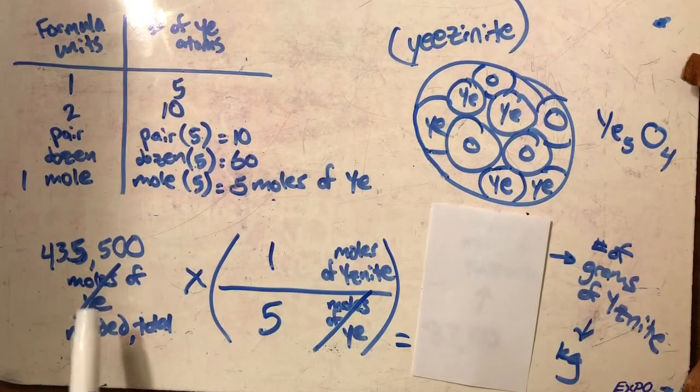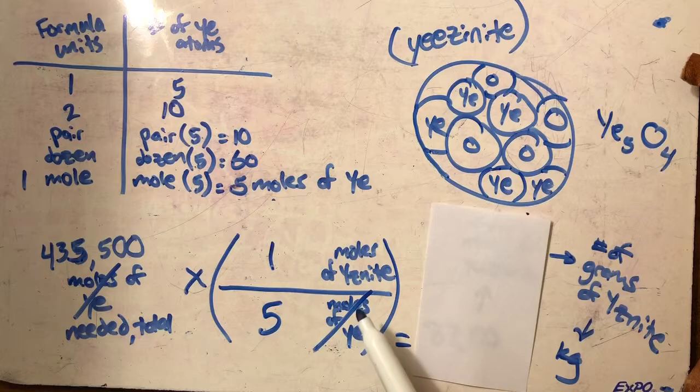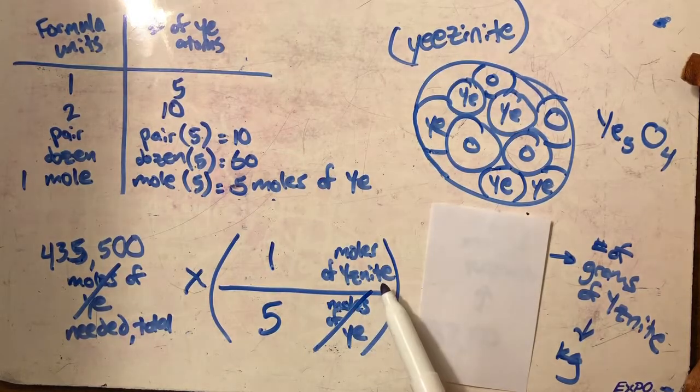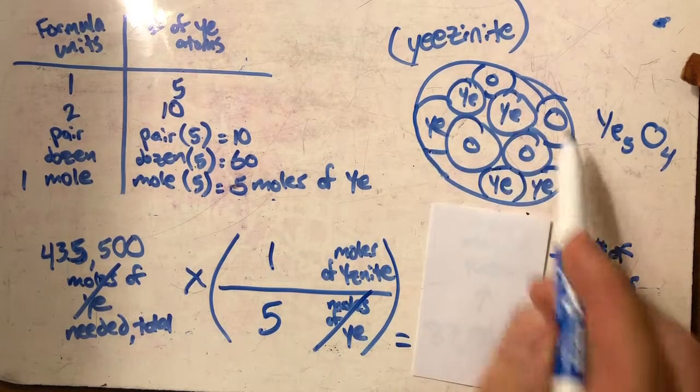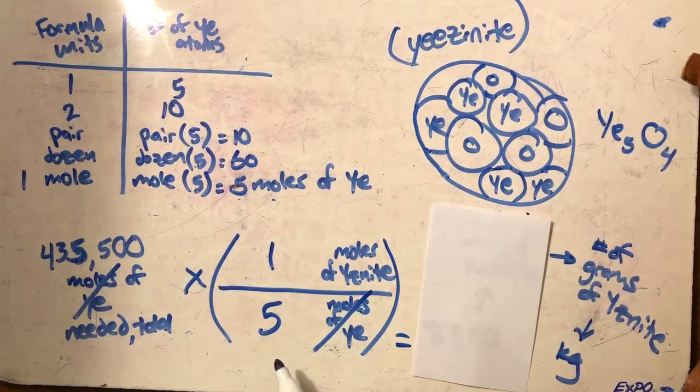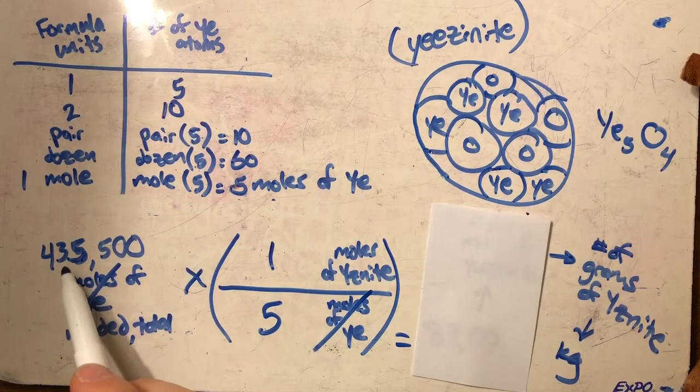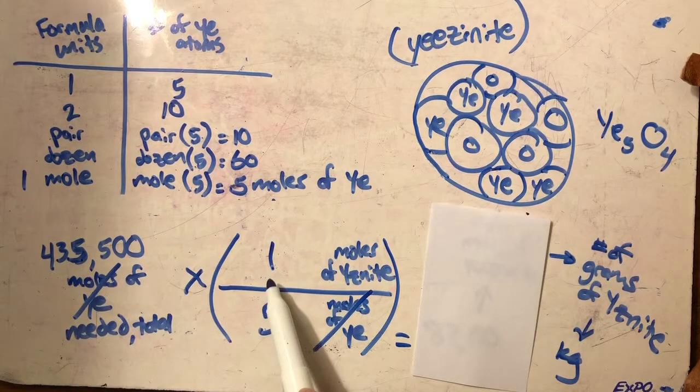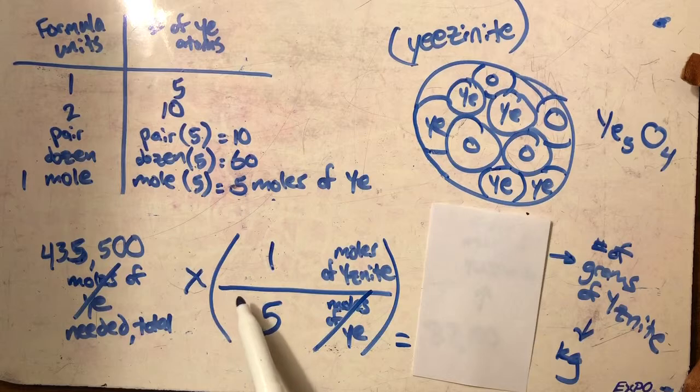So we just multiplied 435,500 moles of yttrium by our conversion factor, which stated that for every 1 mole of Yeezinite formula units, the rock, we had 5 moles of yttrium that would be produced. And so we multiplied 435,500 by 1, divided that by 5.